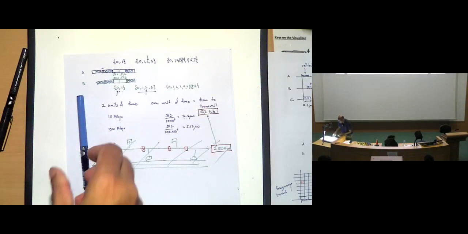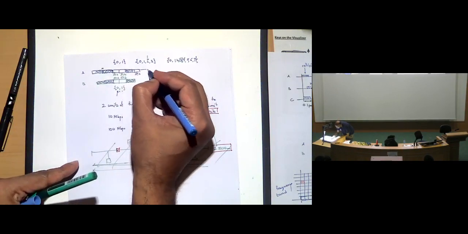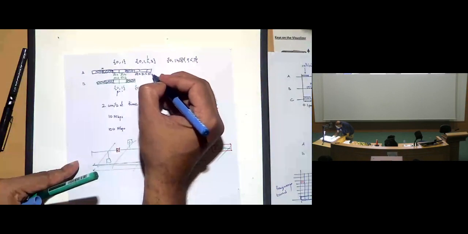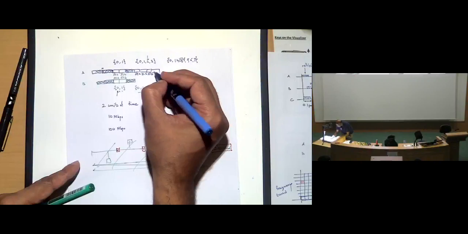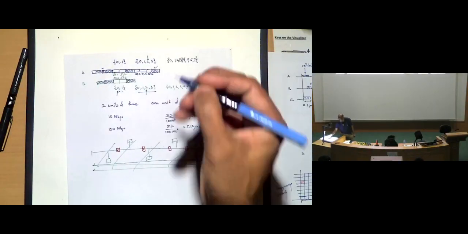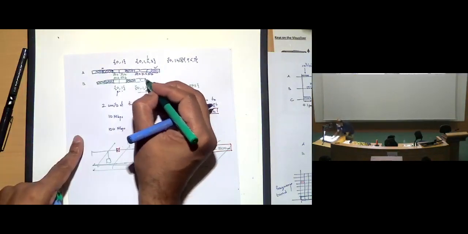So what is going to happen? This one is going to wait 51.2, 51.2, another 51.2, and then can transmit. And this time it is going to be successful, because the other guy will keep waiting.